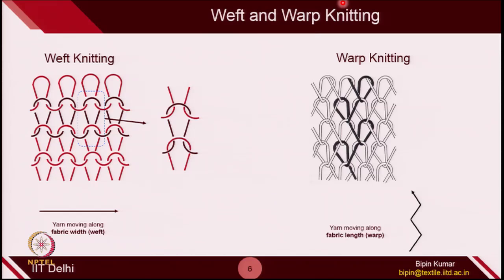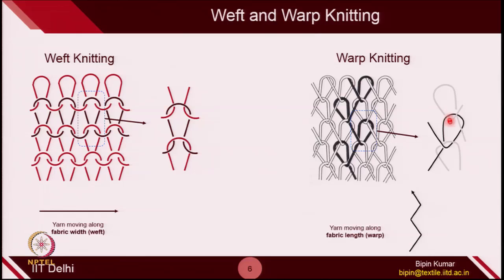The other interesting thing you can observe in this fabric is the loop stability. If you carefully enlarge any one of these loops, I have enlarged one of them, you can see that compared to weft knitting, where the loops look perfectly balanced because the forces are distributed in such a way that they cancel each other, here especially the foot part is different.